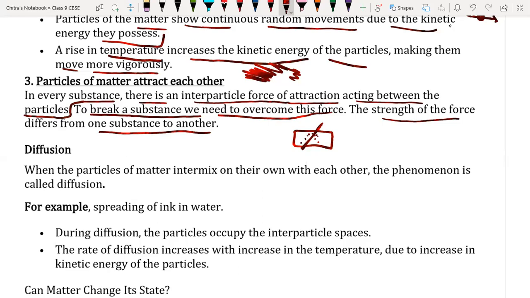It depends on the matter, because in different matter the force of attraction is different. If the force of attraction is very strong, more force is required to break it. That's why different matters have different melting points and boiling points.